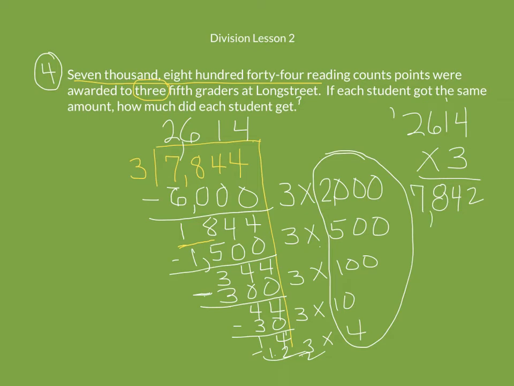Oh, that does not match the 7,844. Oh, wait. The 2 remainder, I've got to add that because that was in the total amount. 2 plus 2 is 4, 4, 8, 7. So 7,844 does match with what the points that we started with. So, hope you got the right answer. Good job. Let's move on to the next one.